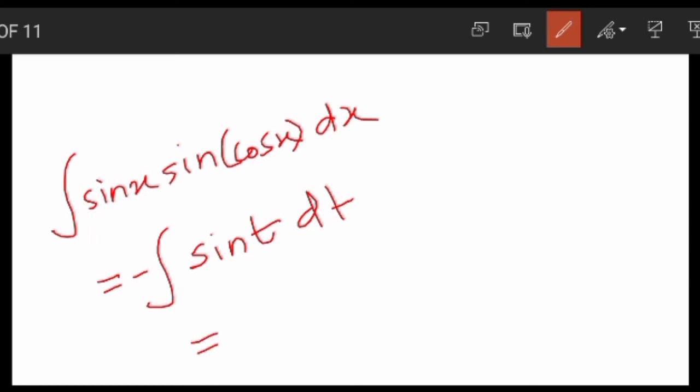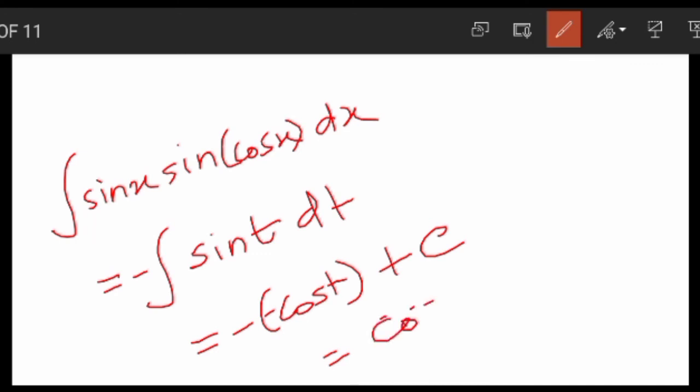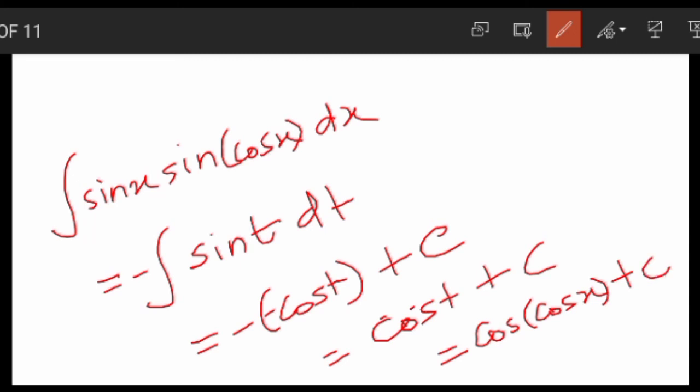Now we know that integration of sin t equal to minus cos t. So from here we have minus cos t plus c. Now cancelling the minus, we have finally cos t plus c. Now substituting the value of t, that is t equal to cos x, we have finally cos x plus c, which is the required answer for this problem.